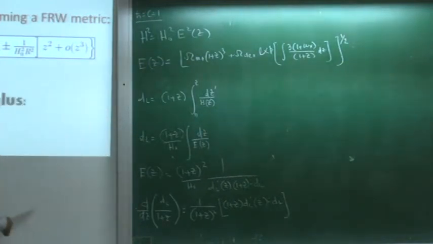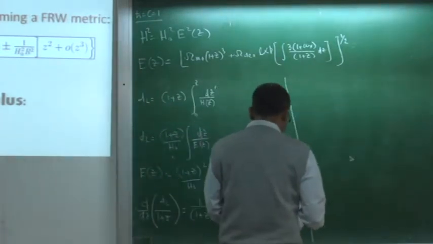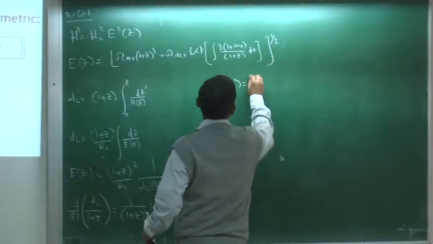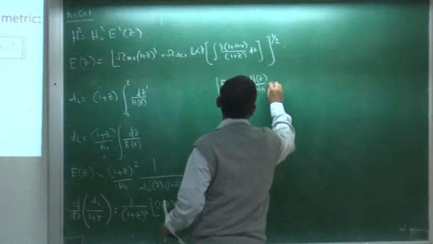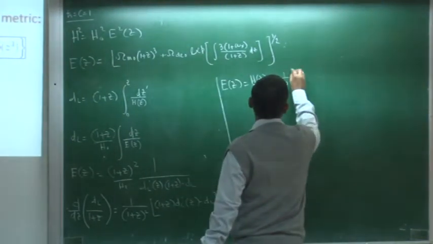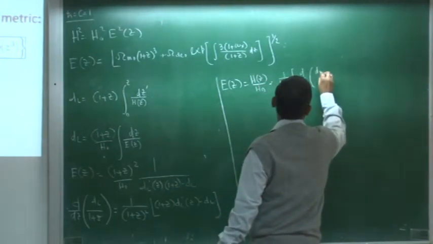Right? So in that sense, I can write my H of z by H naught as nothing but 1 upon H naught dz.